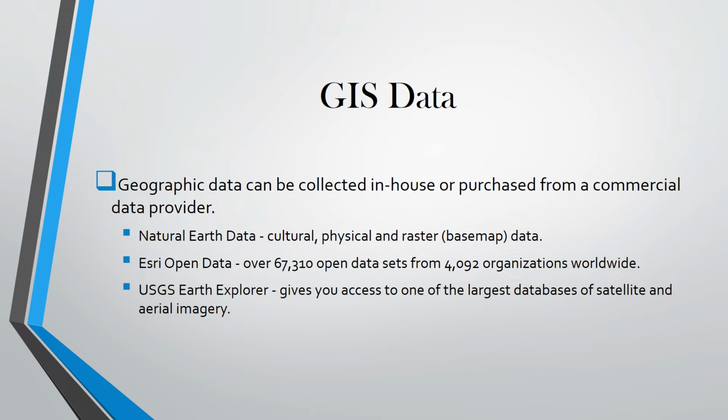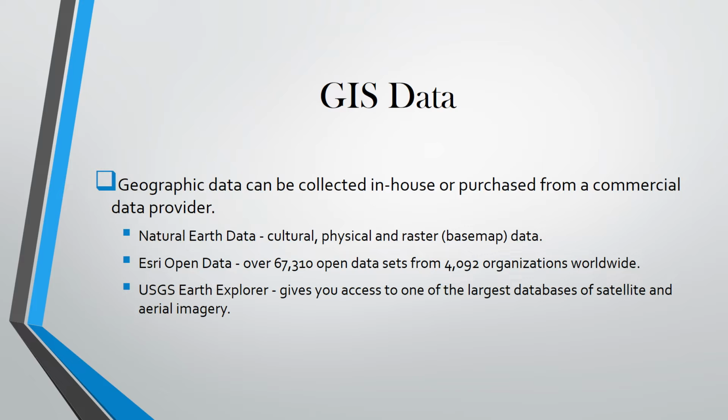Now we will cover GIS data. As we have learned, data is one of the most important aspects to making business decisions. A professional can collect their own data by doing surveys, or they can purchase it from a commercial data provider. Three of the top providers for GIS are Natural Earth Data, Esri Open Data, and USGS Earth Explorer.